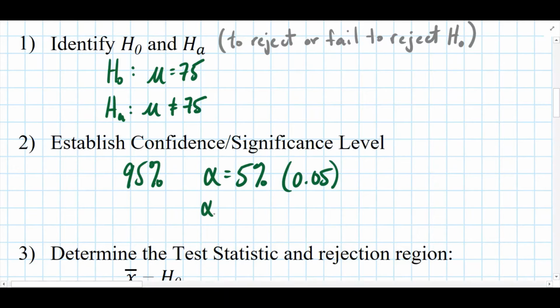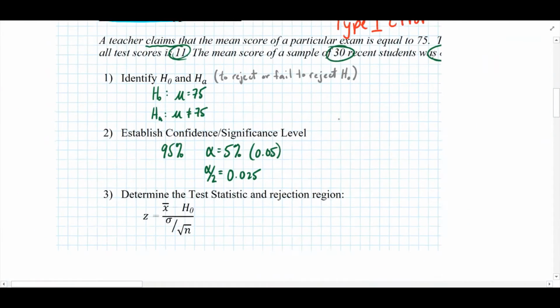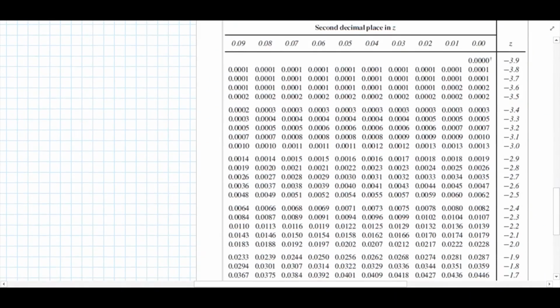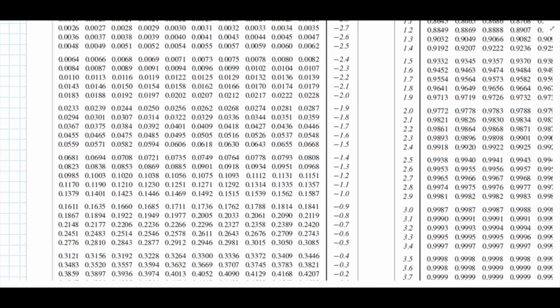For a two-tailed hypothesis, we divide alpha by 2 and use this to obtain the areas under a normal curve for two tails. This area correlates to a z-score of a positive and negative 1.96.